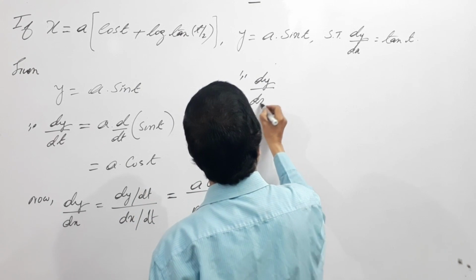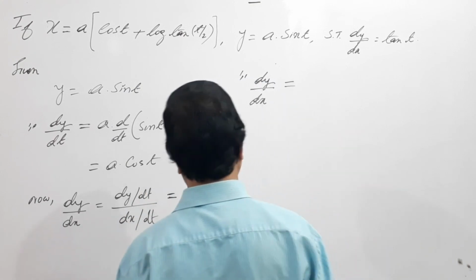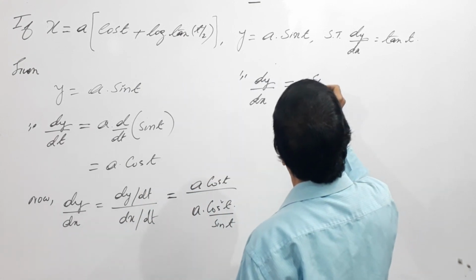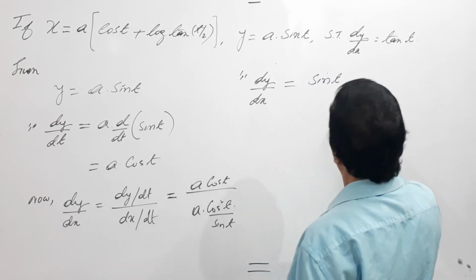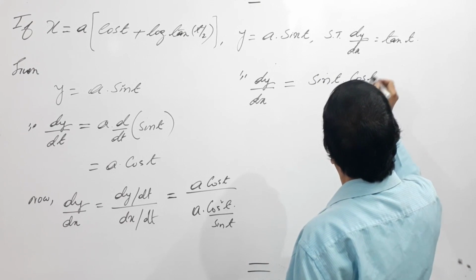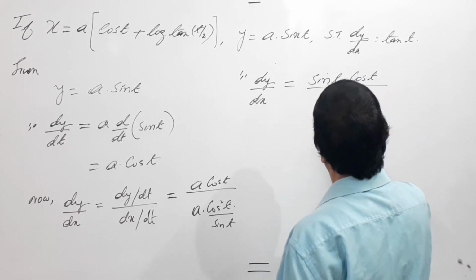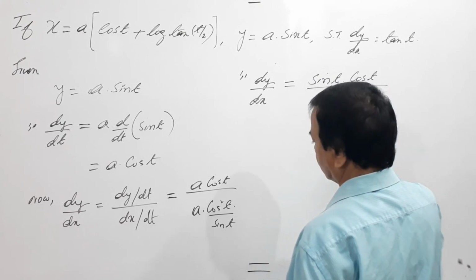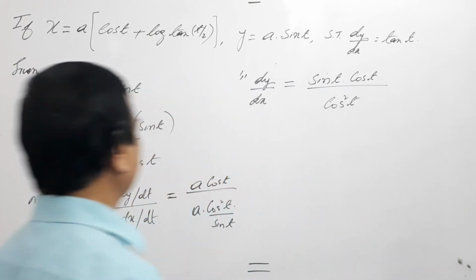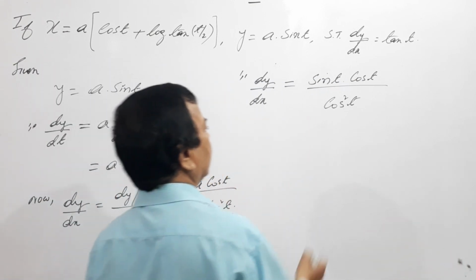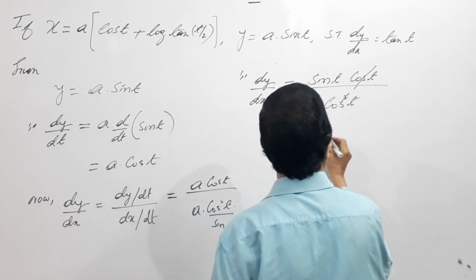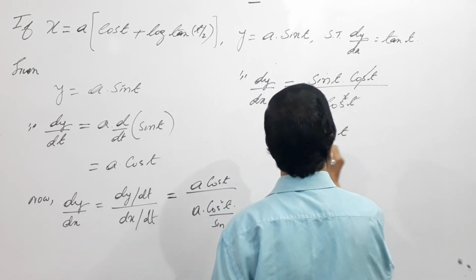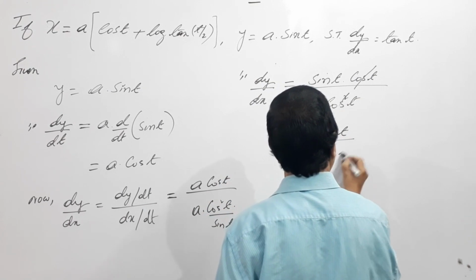So the denominator of the denominator goes to the numerator, that is dy by dx equals sin t into cos t divided by cos square t. So what happens here? One cos goes, one cos goes. So you are left with sin t by cos t.